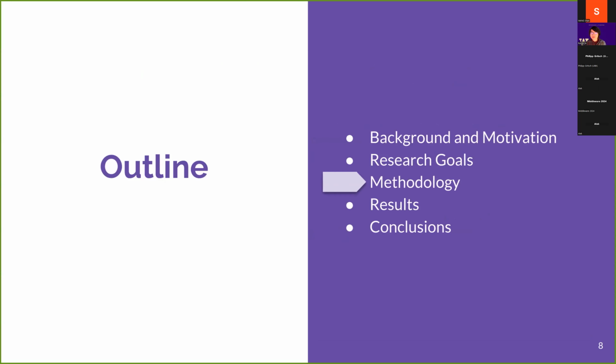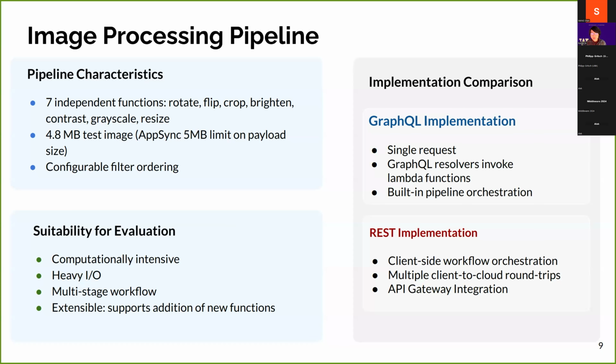So next is a description of the methodology we used in our experiments. For now, we are using an image processing pipeline application as a demo to study how GraphQL compares to REST applications in the serverless environment. The pipeline presently has 7 independent serverless functions.